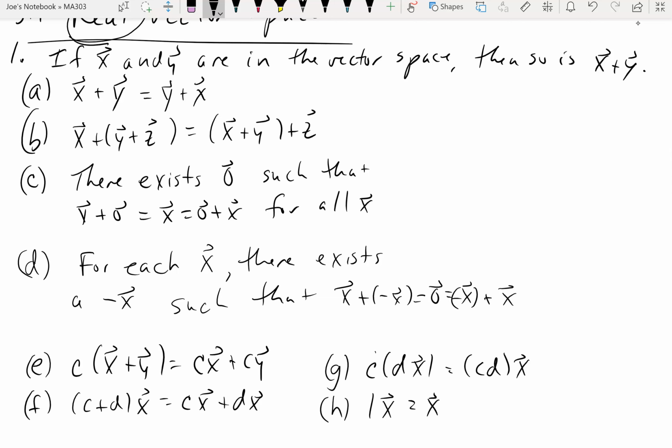But notice each of those is scalar multiplication of a vector, which could be defined differently. However, when I take C times D, that's real number multiplication. That's not a different multiplication. This is the real number C times the real number D. So what this one's doing is checking whether scalar multiplication is compatible with real number multiplication.